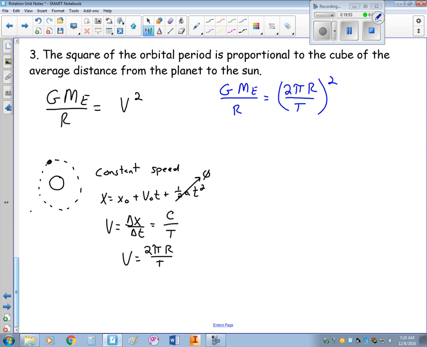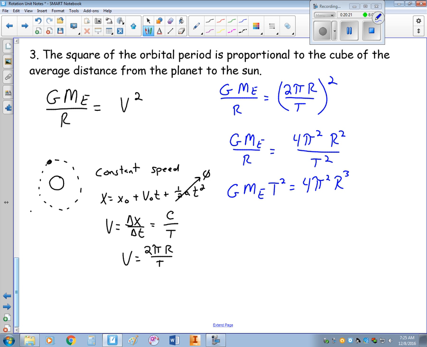All right. Now I can do a little bit of math. I'm going to cross multiply to turn this into a linear equation, and then I'm going to solve this for period.